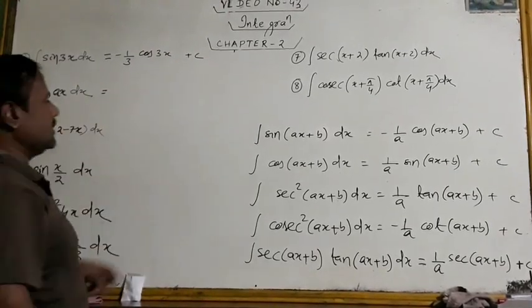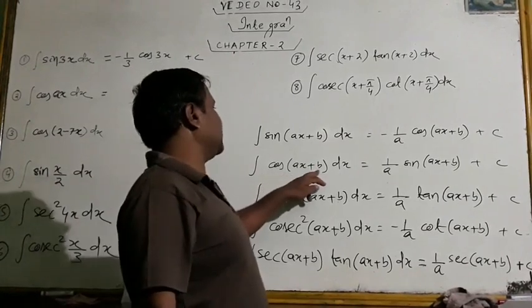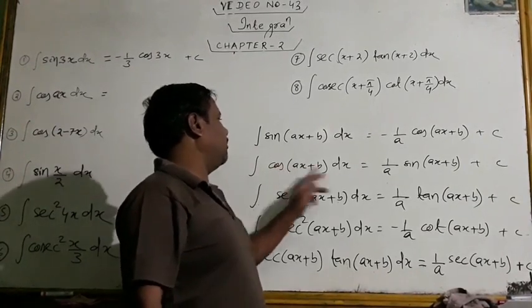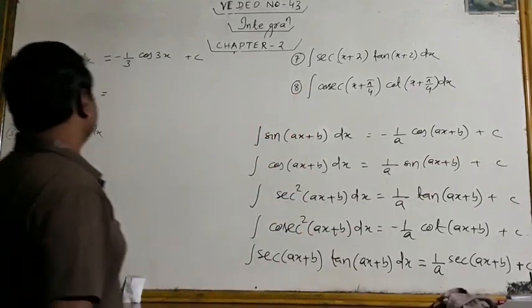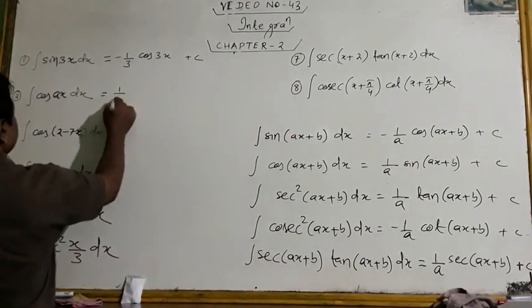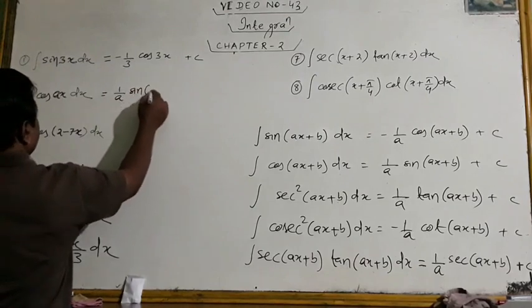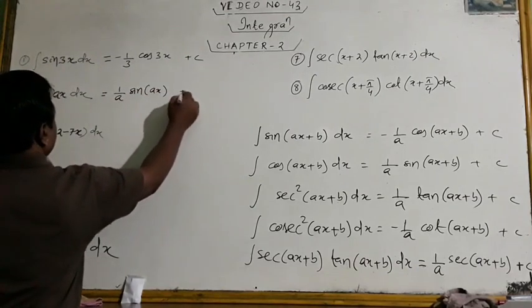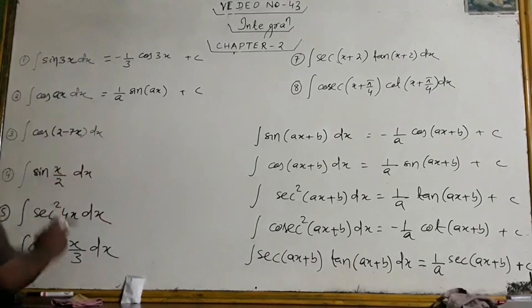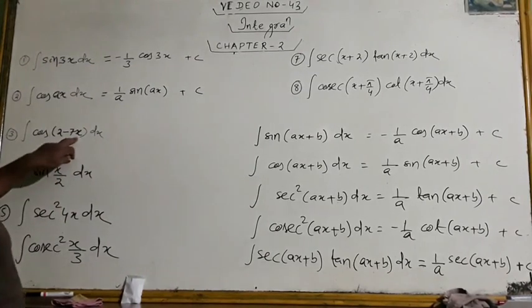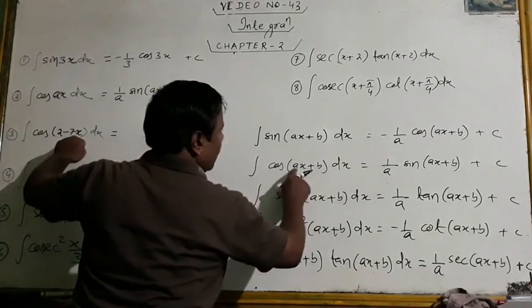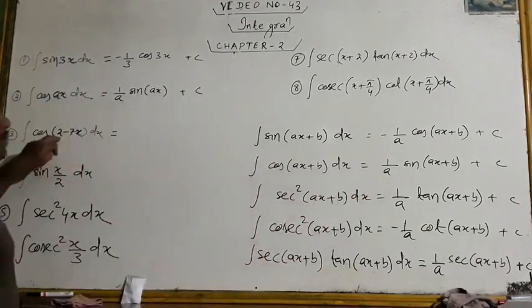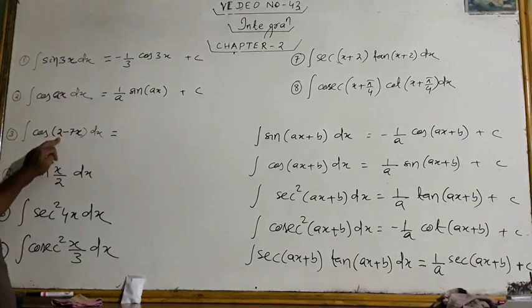Similarly, for cos(ax+b), if b is 0, the answer will be 1 by a sin ax plus c. Here we have cos(2 minus 7x). Apply this, you have to put 1 by a. Here it is not 1 by 2, it is 1 by minus 7.